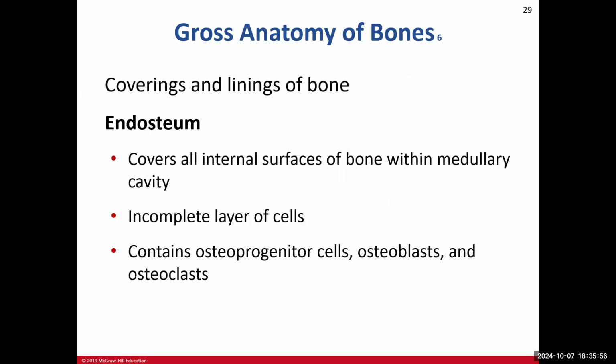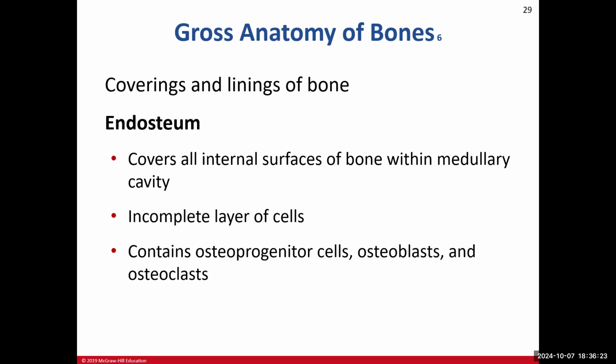And so we'll also see here in the endosteum more cells. So we're going to see the same cells, osteoprogenitor cells, osteoblasts, and osteoclasts. All of them will be in the endosteum. So we saw them in the periosteum outside the compact bone. Now we're also going to see a layer of cells on the inside, on the endosteum, right? That's going to line the medullary cavity.